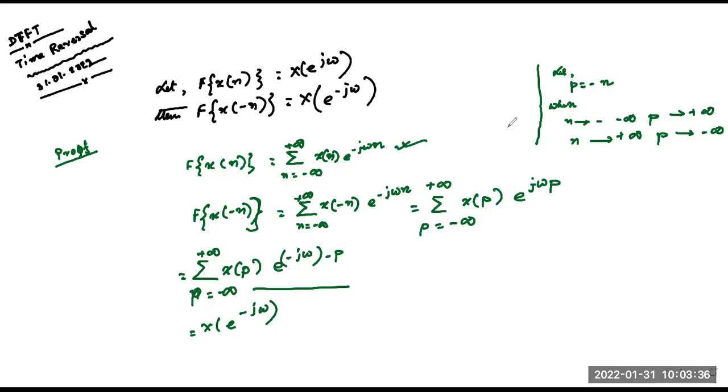So we can write X(e^{-jω}). This is good.